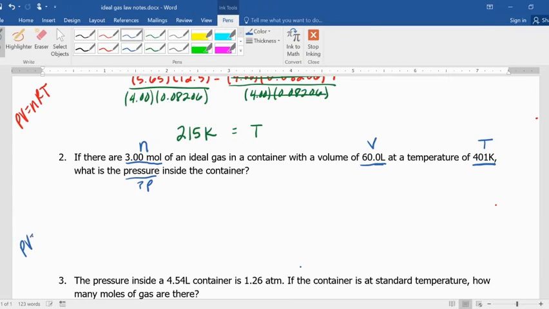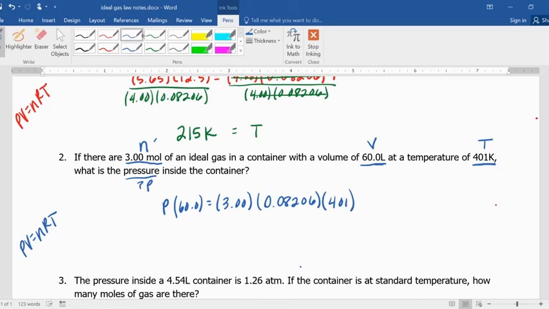So PV equals nRT. And check our units. We're in moles, we're in liters, we're in Kelvin. So that means our pressure we're going to get out is going to be in atmospheres. Perfect. So this time we're looking for pressure times volume equals number of moles times our value of R times temperature.